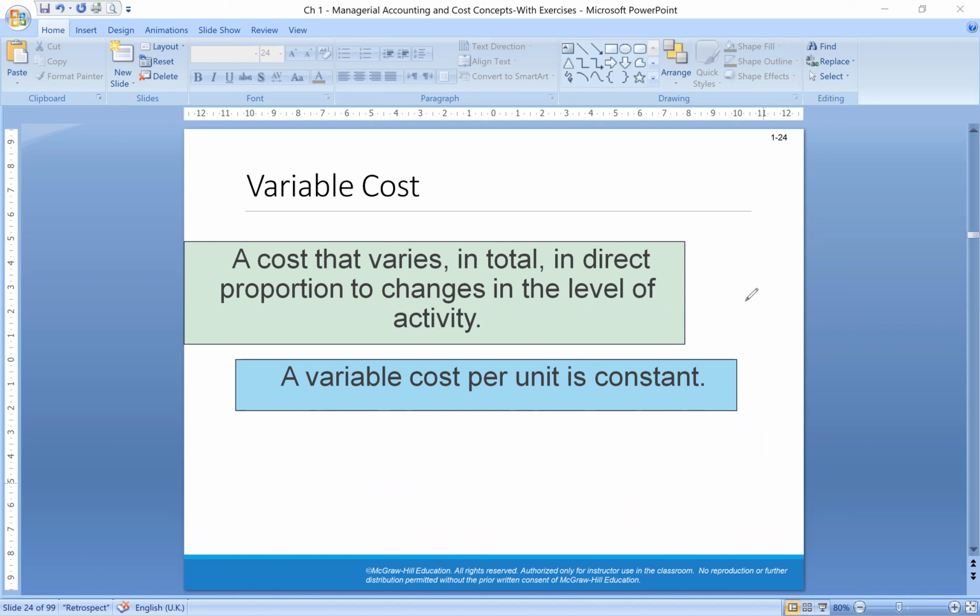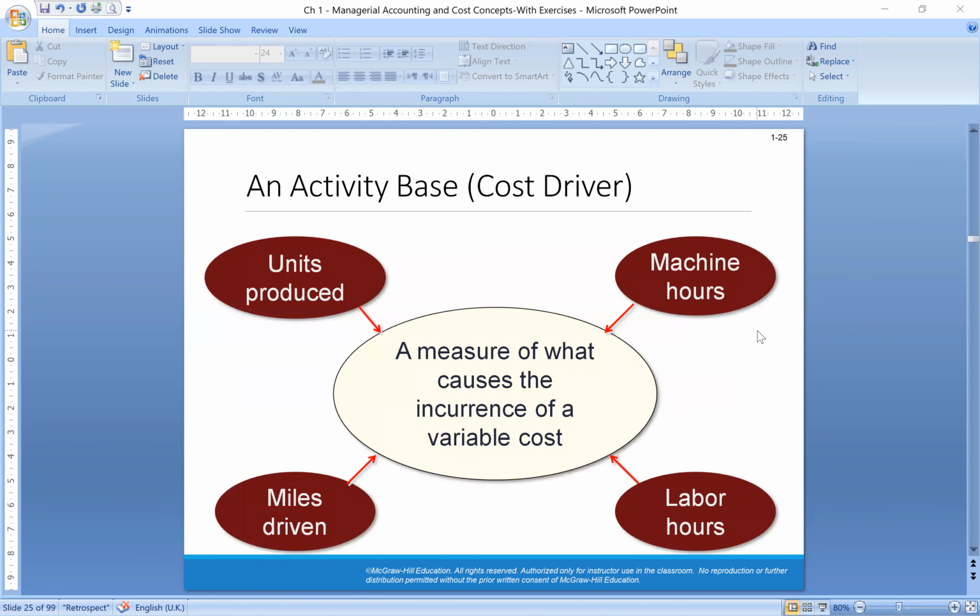For the variable cost, there is an activity base, which is called the cost driver. If our example is talking about the tables, then we say the units produced cause the cost.